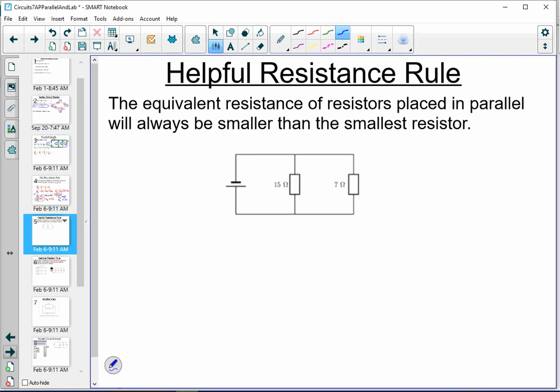If you put multiple resistors in parallel, like a 15 and a 7, the equivalent resistance will always be less than the smallest resistor. So in this case, it would be less than 7 ohms. That is always true no matter how many resistors you put in parallel. The equivalent resistance will always be smaller than the smallest resistor.